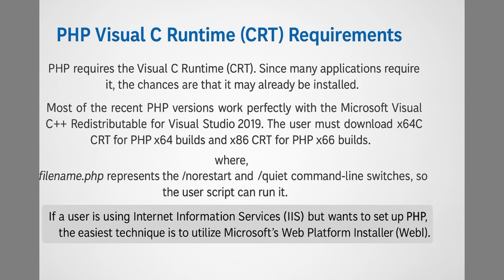It simplifies the process of integrating PHP with a Windows Server environment, saving you from manually setting up configuration files or linking PHP extensions. In summary, before running PHP on Windows, ensure that the correct Visual C runtime, CRT, is installed. Without it, PHP will not function properly. And if you're working with IIS, using Microsoft's Web Platform Installer is the most convenient and reliable way to set up PHP quickly.